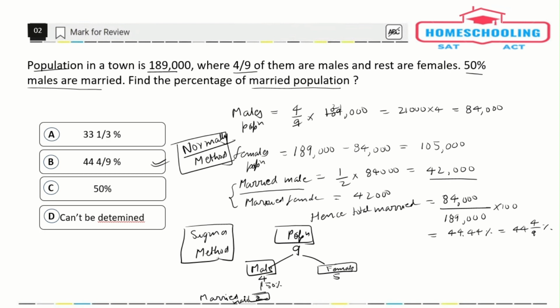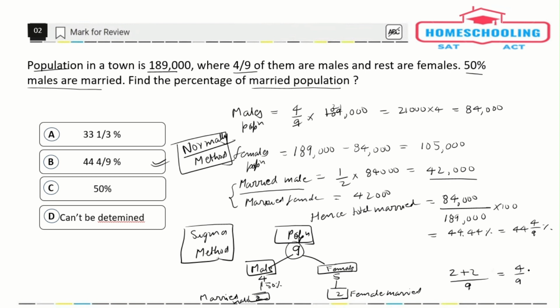A couple can be formed when one man and one woman are married. So if 2 males are married, then from these 5, 2 females will also be married. So if we sum them up, the total married population would be 2 plus 2, and the whole population is 9. So 4 by 9.